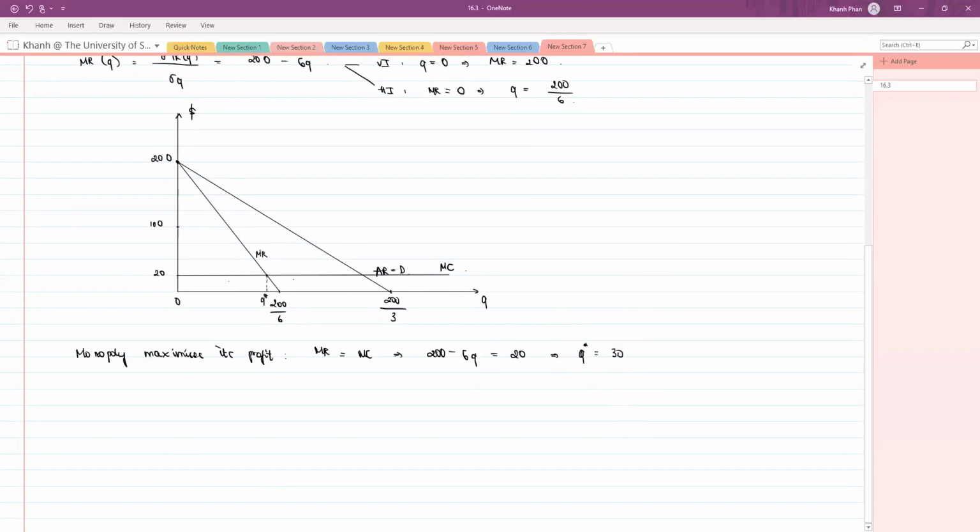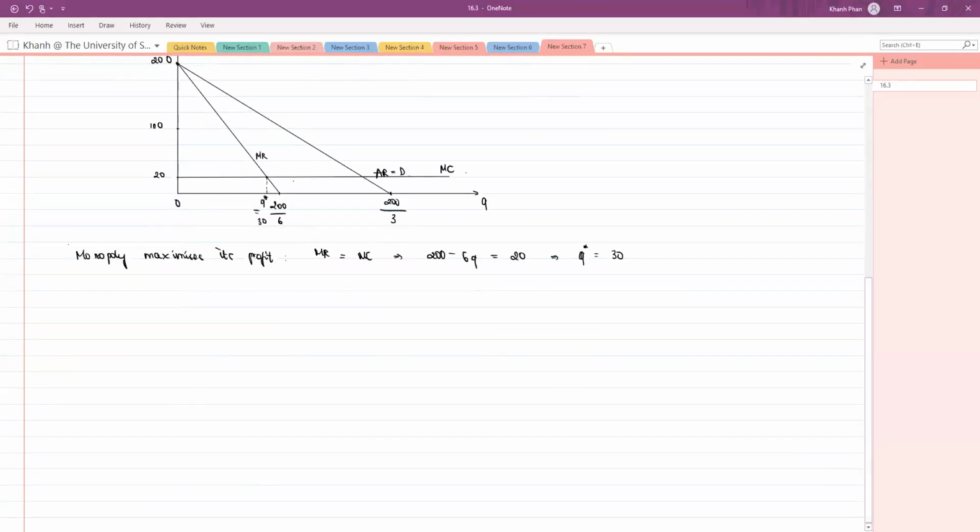Okay, so this is Q star, which is the profit maximizing level of output. Okay, and so how much is the firm going to charge? Okay, so the price that the monopoly is charging.